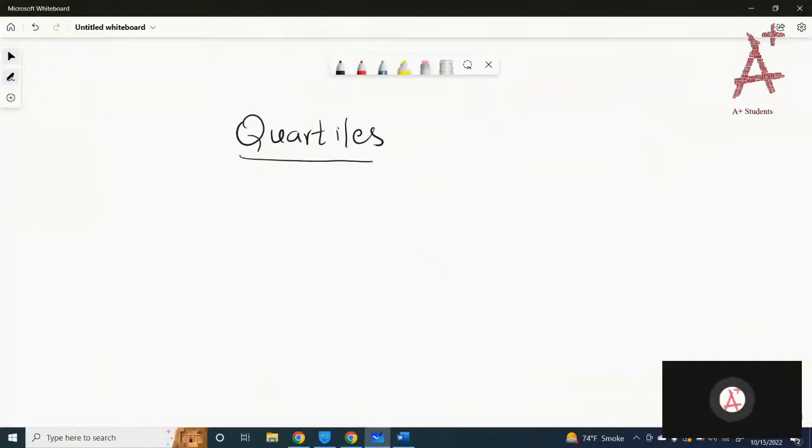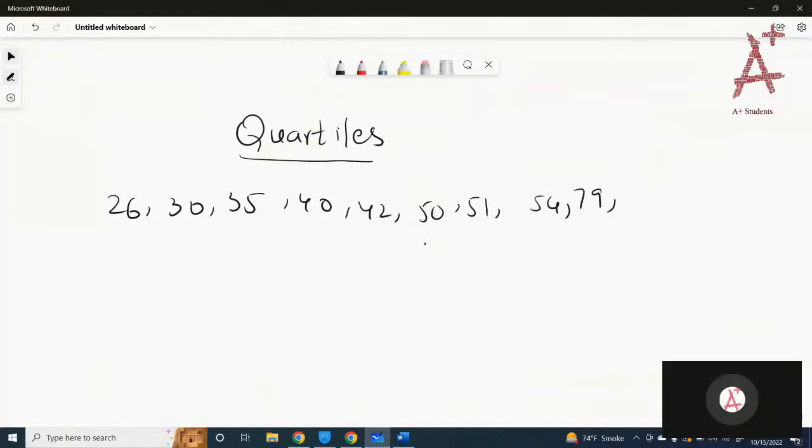The data given is 26, 30, 35, 40, 42, 50, 51, 54, 79, 87, and 97. So we have to find the lower quartile, median, and upper quartile.